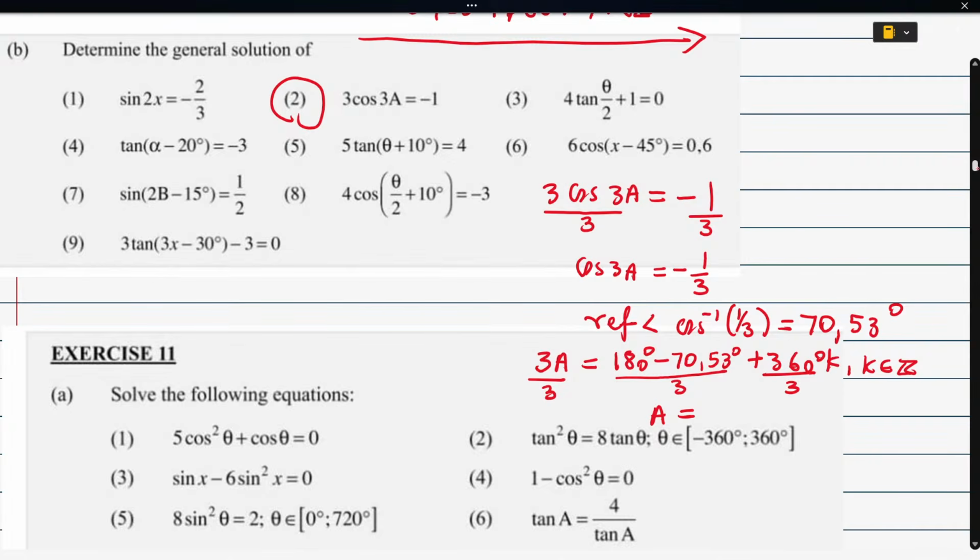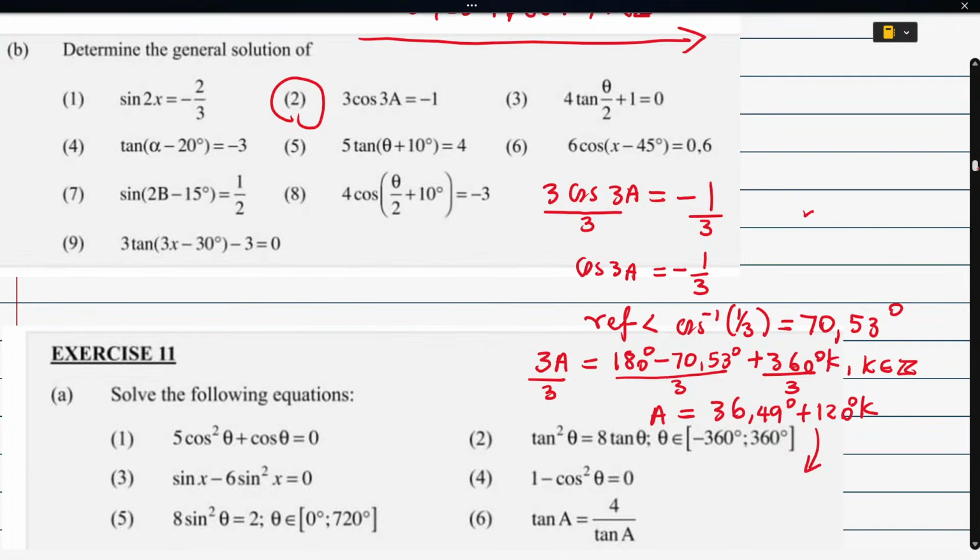So the answer should be 36,49 degrees plus 120 degrees K. I believe that one is clear. That is the answer for the first one.